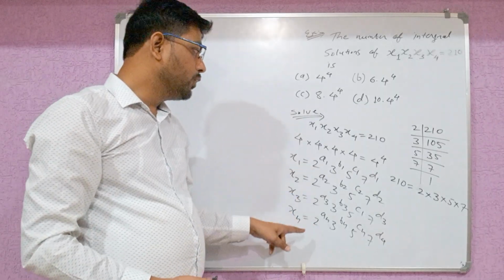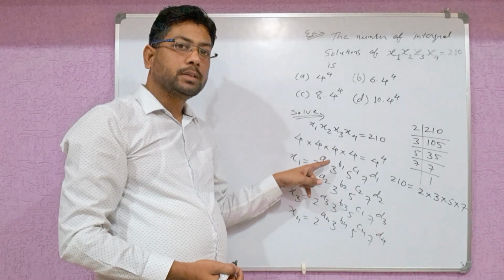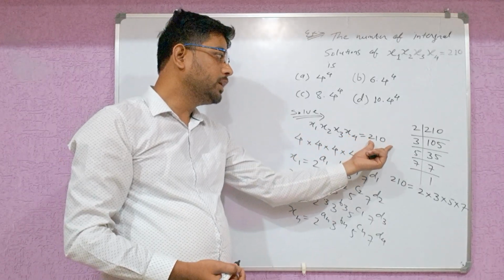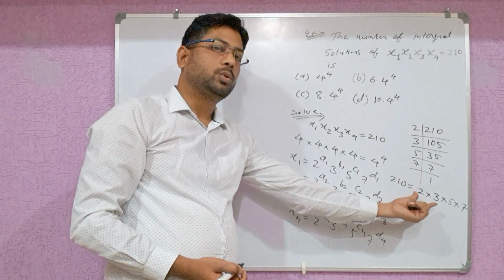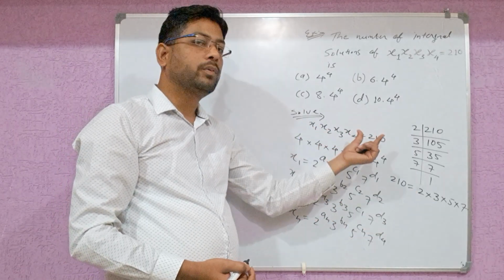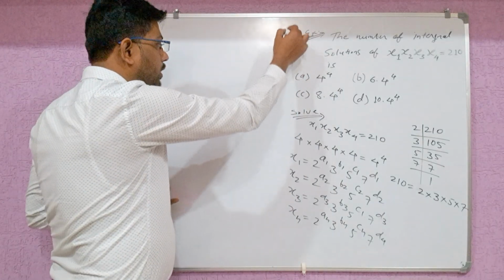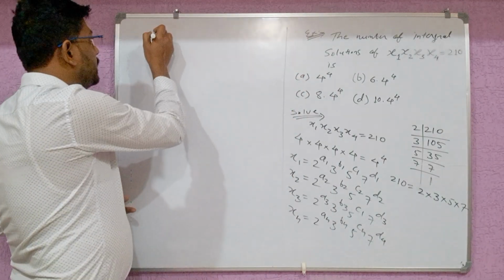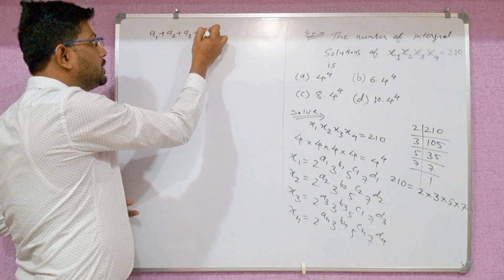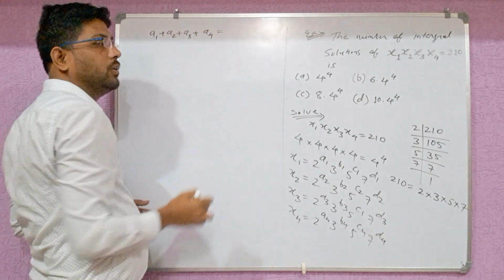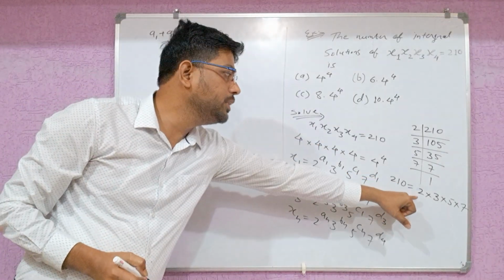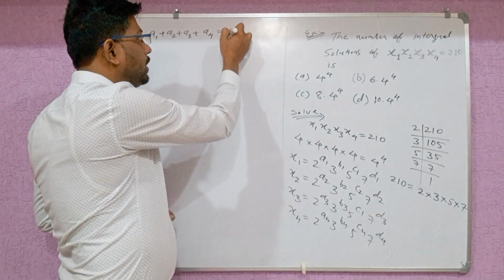So the power of 2 will be a1 + a2 + a3 + a4 in the left hand side, and the right hand side 210 can be written as 2 × 3 × 5 × 7. If I compare the powers of 2 in the left hand side and right hand side, this will be a1 + a2 + a3 + a4, which is the power of 2 in the left hand side, and in the right hand side the power of 2 is 1. So this will be 1 here.